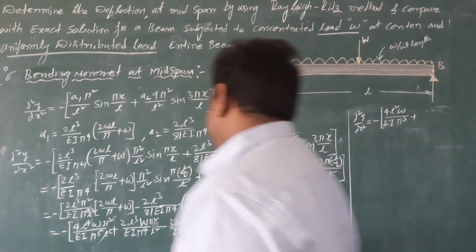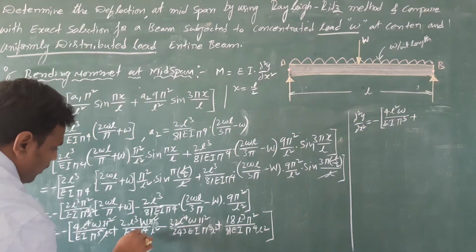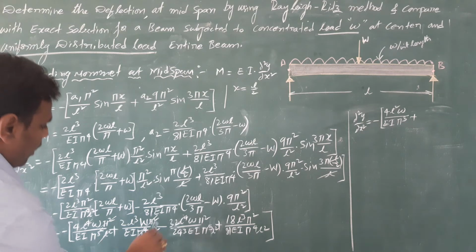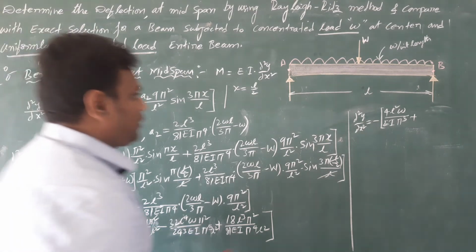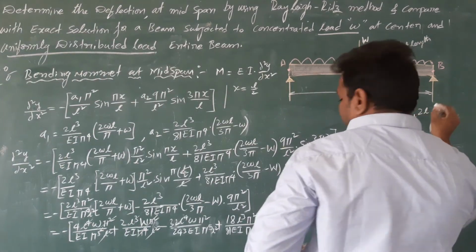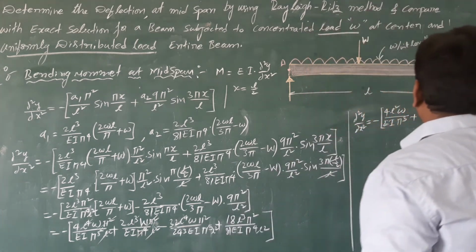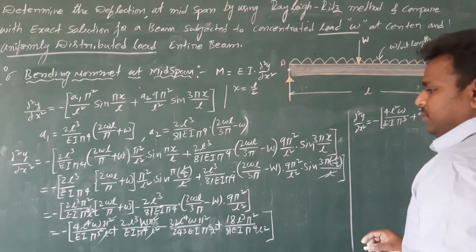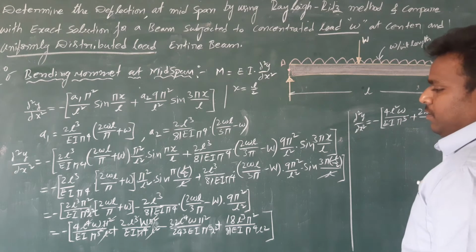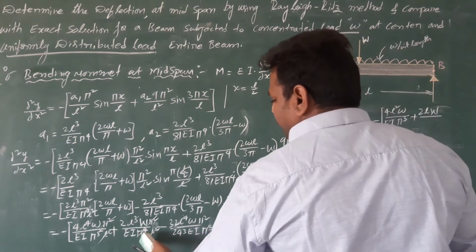Plus here pi 2 times cancel and L only once cancel, that is 2L, and capital W is also there divided by EI pi square.